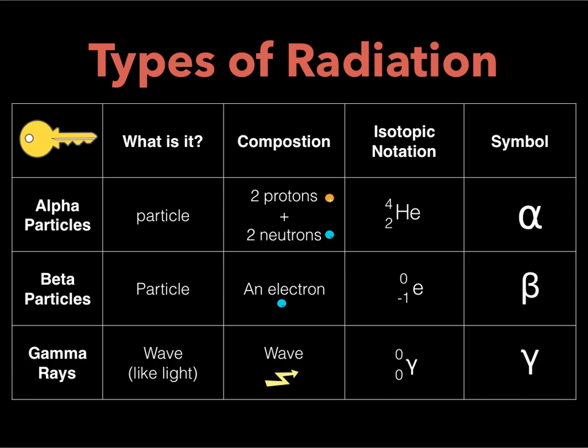They're just kind of like waves, like waves of light. It's really hard to see them, but the isotopic notation looks like this. This is the Greek symbol gamma. Because it's not a particle, it does not have a number of protons, and it definitely does not have a mass because it's just a wave of light.